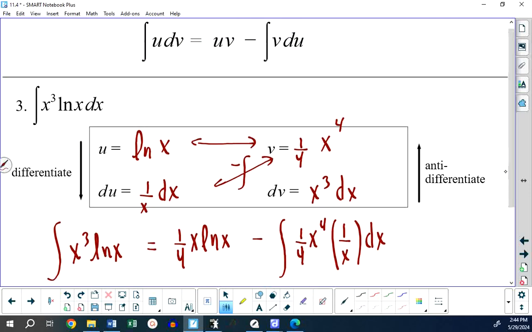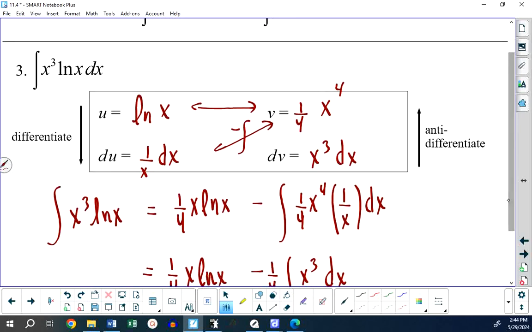Can you ask that question again, please, Eli? In the first part of the equation, when you do uv, you put 1/4x. Shouldn't it be 1/4? Oh, yes. Thank you very much. 1/4 x to the 4 ln x, the product of these two. I missed that 4 for some reason.